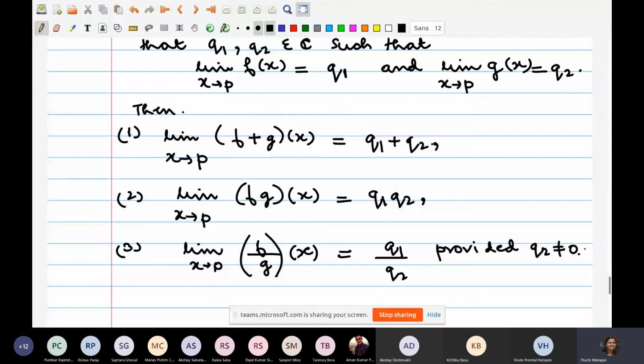Is that okay? Now that we have fixed the sequential criteria, characterization of limit of a function in terms of sequences, all of these statements 1, 2, and 3 can be borrowed from similar statements that were done for sequences. So we will skip the proof here, and I believe everybody can fix the proofs. Is that okay?